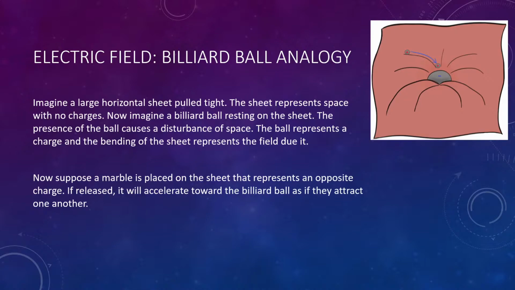Now let's place a marble on this sheet, and that represents the opposite charge, in my example a positive charge. If you let go of that marble, the space around it is already altered because of that negative source charge in the middle, and so that positive charge is going to start accelerating down toward the billiard ball because they're attracted toward one another, right?